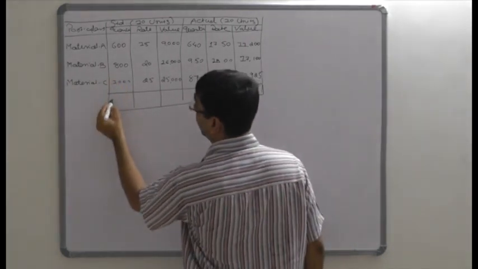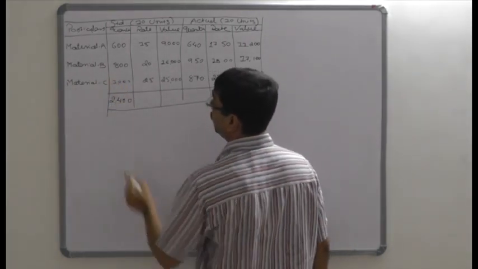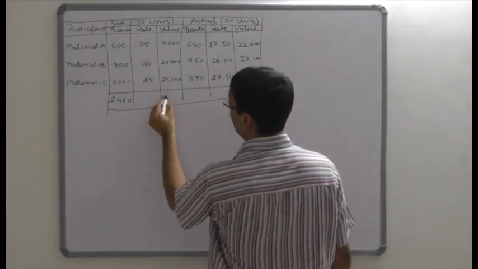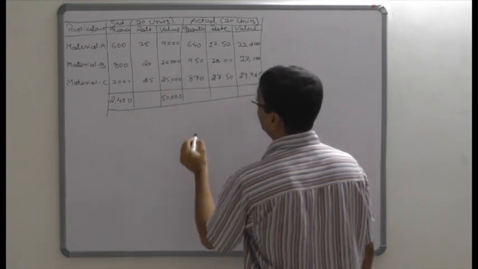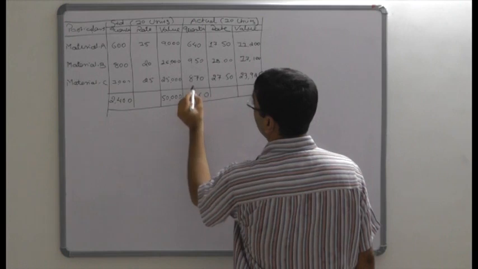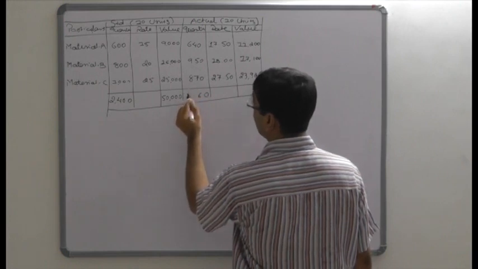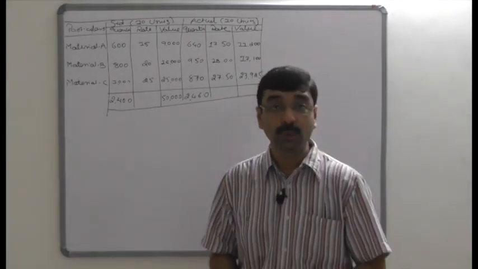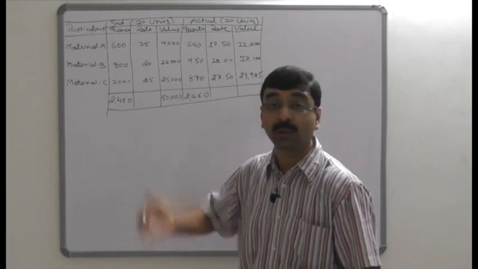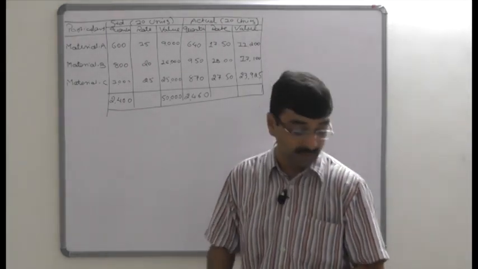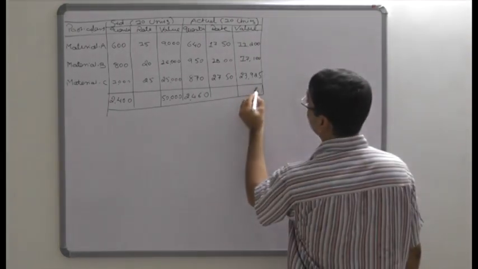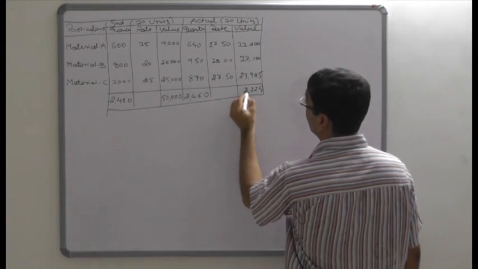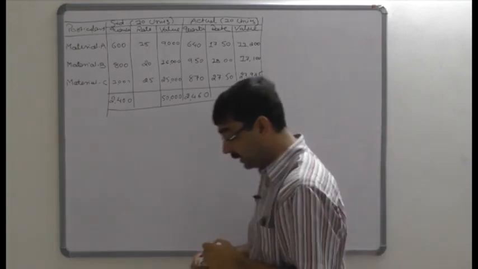Here the standard requirement is 2,400 quantity, and the standard value is 50,000 rupees. So 2,460 kilograms is actually used for manufacturing of 10 units in all three materials A, B and C, where the amount comes to 52,225.